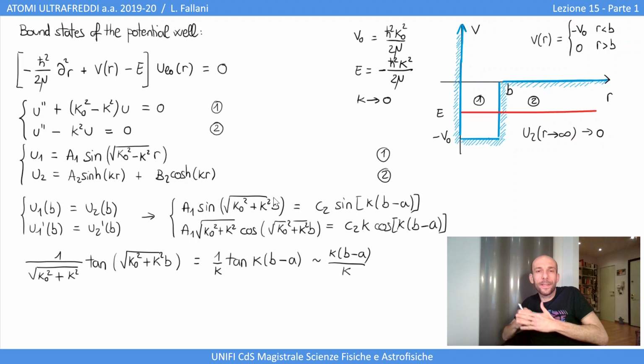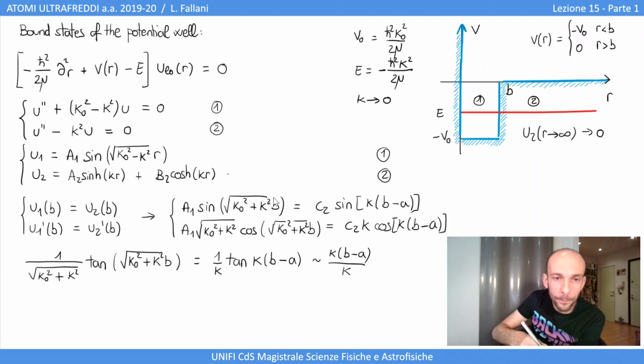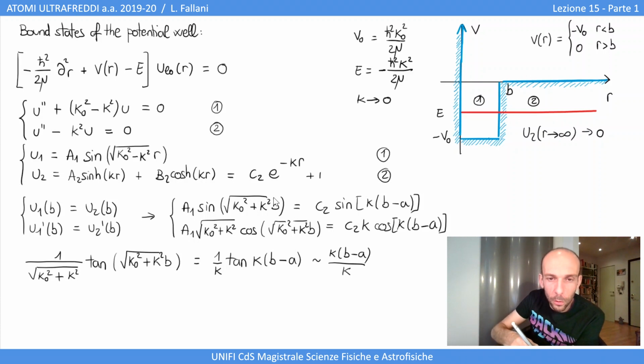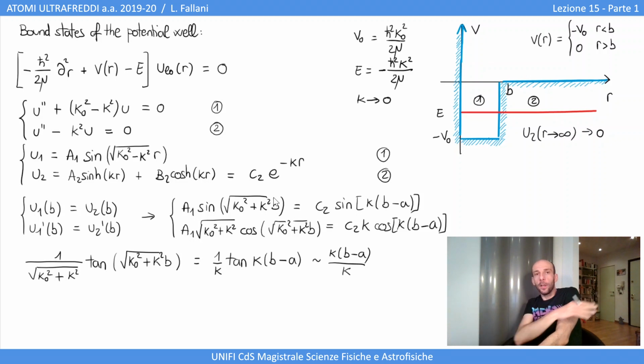And since hyperbolic sine and hyperbolic cosine are just combination of an exponential with positive or negative argument, of course only the negative argument is admitted. So we cannot have a d2 contribution with e to the plus kr, because this will diverge at large distances, so we should have d2 equals 0. And so we have an exponentially decaying wave function outside the allowed region.